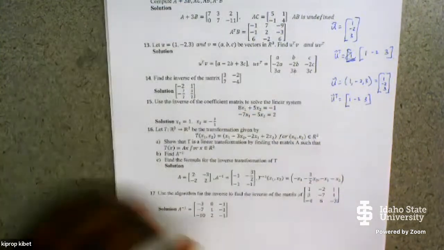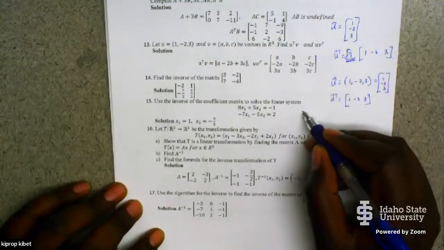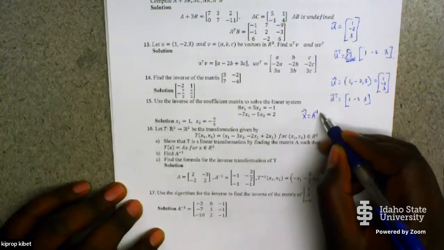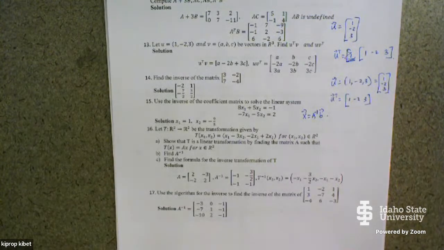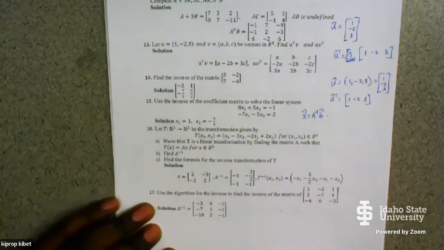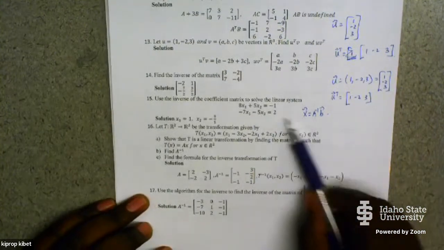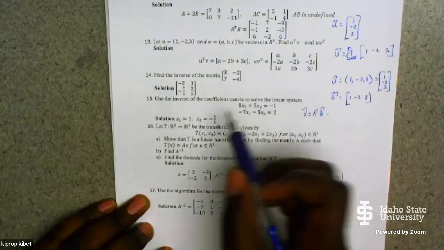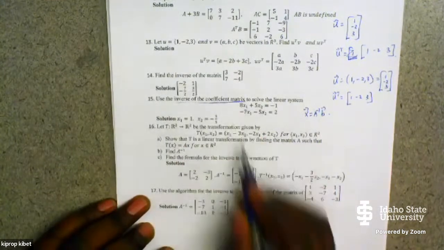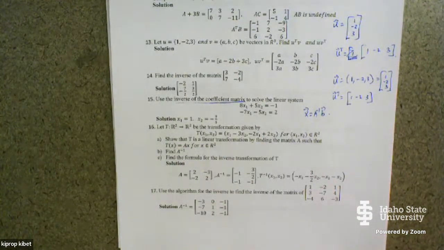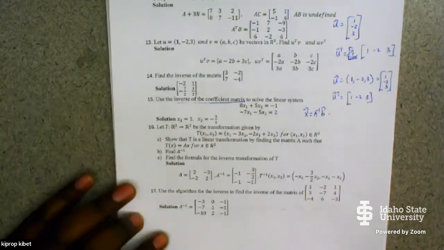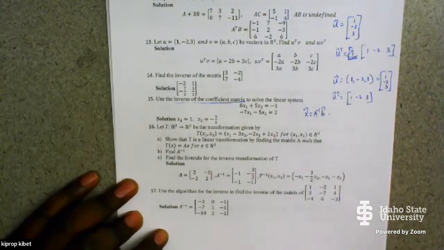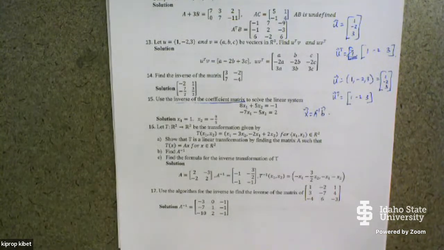So in this case, X is the same as A inverse B. So if I ask you to use the inverse of the coefficient, do not use Cramer's rule, unless we specify to use Cramer's rule. Cramer's rule will not be in your exam.